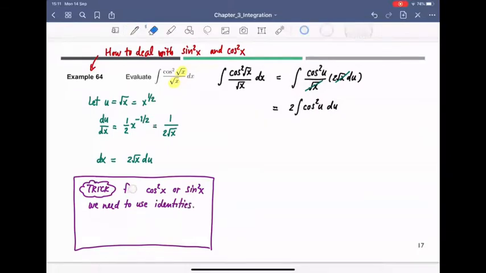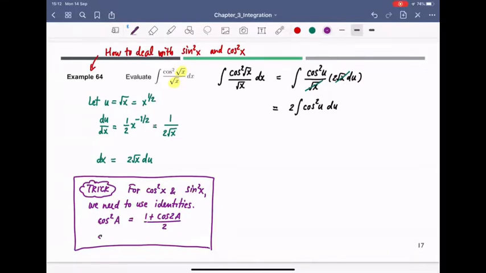So for cosine square and sine square, you have to use an identity. The identity that we're going to use is here. If I have cosine square of a, this is going to be 1 plus cosine 2a over 2. This came from the double angle formula of cosine.